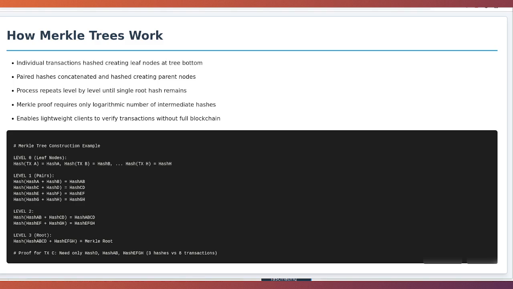The verifier can then hash transaction C to get hash C, concatenate with hash D, and hash to get hash CD, concatenate that with hash AB, and hash to get ABCD, then concatenate with hash EFGH and hash to get the Merkle root. If this matches the Merkle root in the block header, transaction C is proven to be in the block.